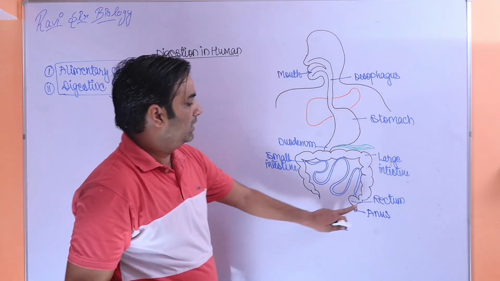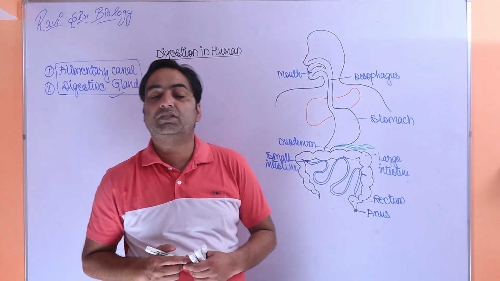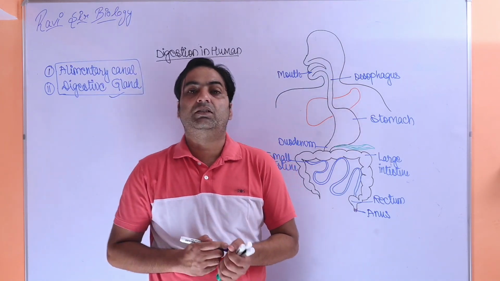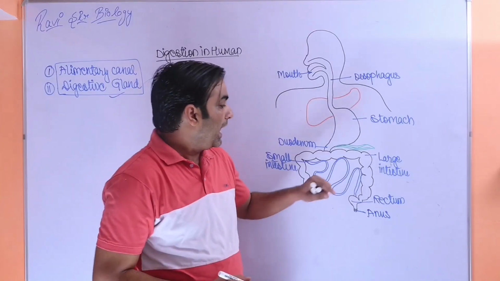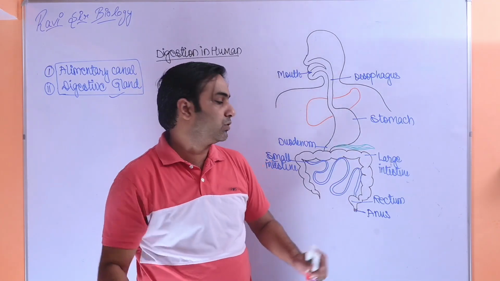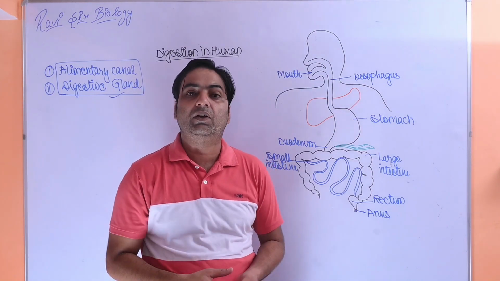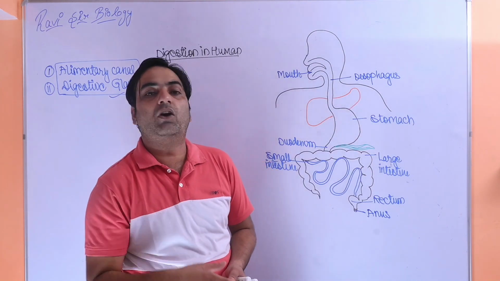Sphincter muscles are there in the rectum. The rectum is made up of a special muscle called the sphincter muscle. That sphincter muscle helps the undigested food particles get out of the anus; it will not go out of the anus itself unless the CNS works.